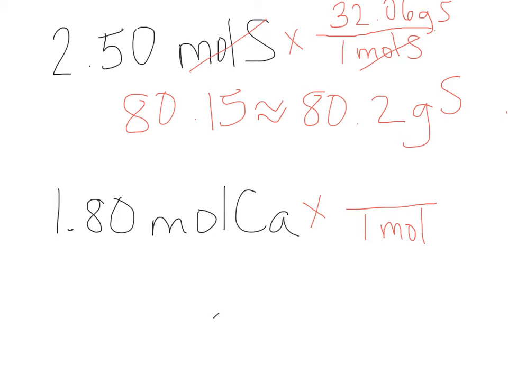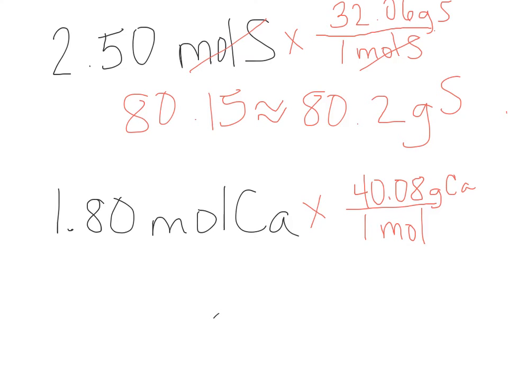If you're converting to grams, moles goes on the bottom. So you need to look at the periodic table. Look for calcium's mass number. It's an alkaline earth metal, so it's going to be in that second column. It's 40.08. And that would be grams of calcium.